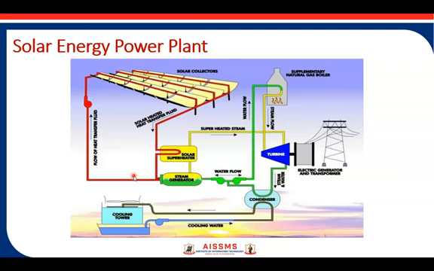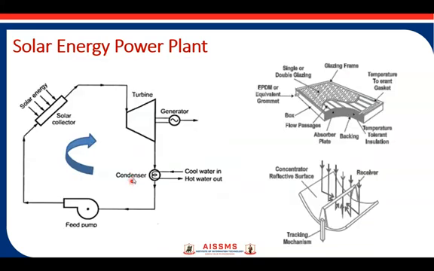The simple diagram you can see over here. Here we have the turbine which is connected to the generator, then condenser, the feed pump, then solar collectors. This one is a flat type of collector, and here it is a parabolic type of collector.